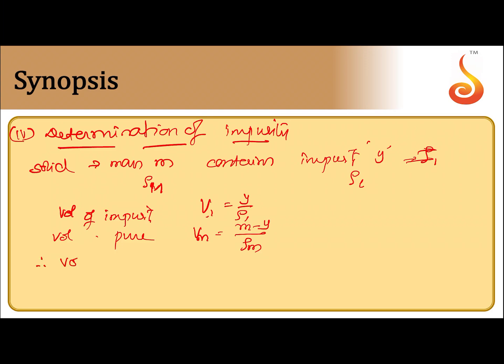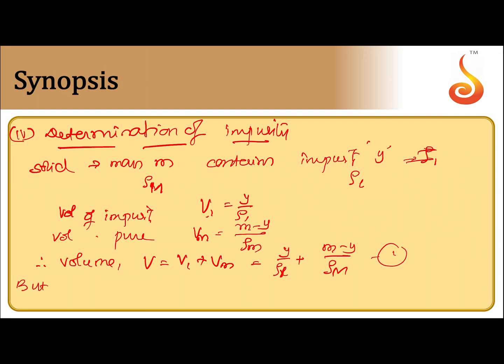So the total volume V is equal to V1 plus Vm, that's the total volume of the body, which is Y divided by ρ1 plus m minus Y divided by ρm. I'll call this equation 1.